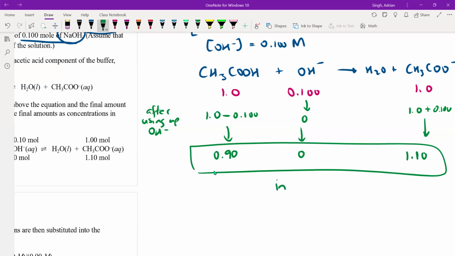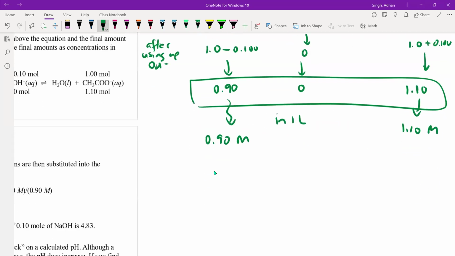Okay, so this is what we're going to have here after the hydroxide is consumed. Remember, all this is in 1 liter, so these are all concentrations. So 0.90 molar. This is 1.10 molar. And then we can go ahead now and use our Henderson-Hasselbalch. So the pH is equal to the pKa plus the log of the conjugate base over the acid.